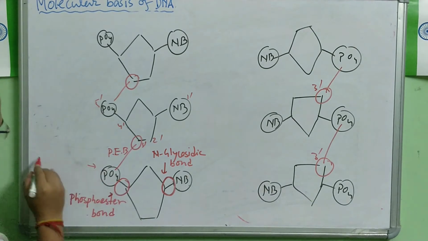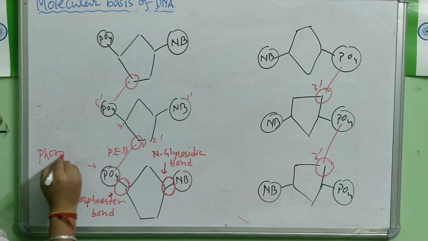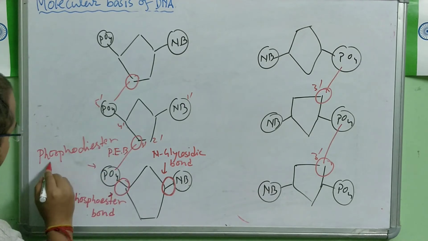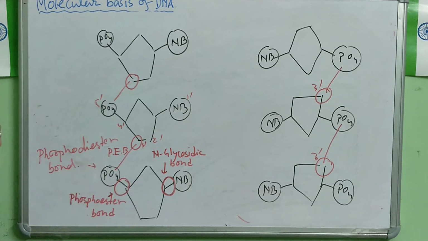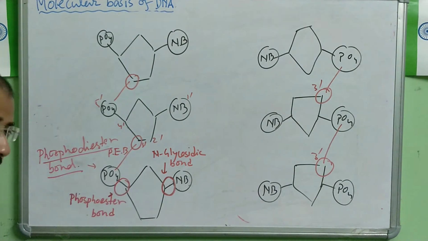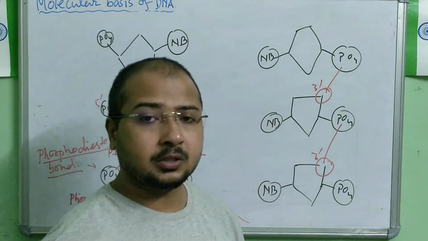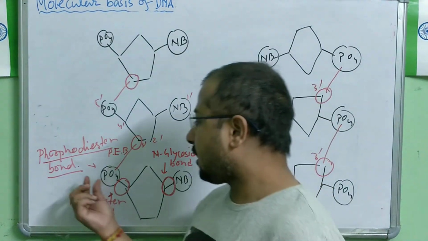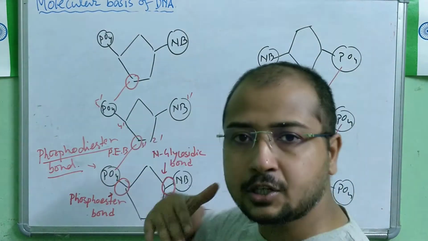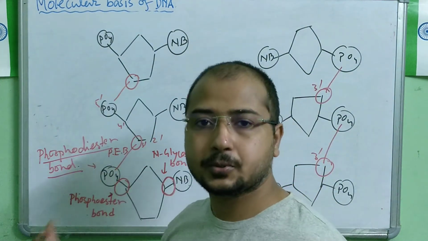This is known as the phosphodiester bond. Phosphodiester bond. So the phosphodiester bond develops between a phosphate group and 2 sugars of consecutive nucleotide molecules.